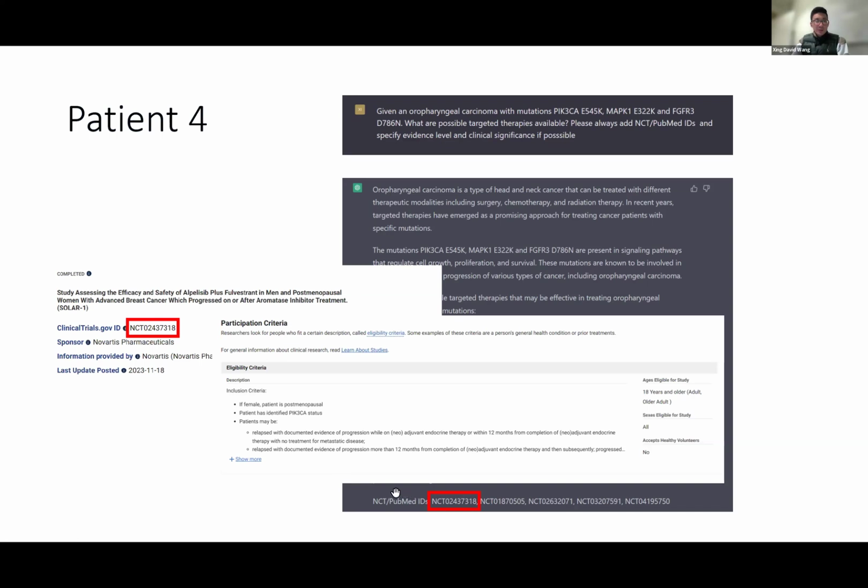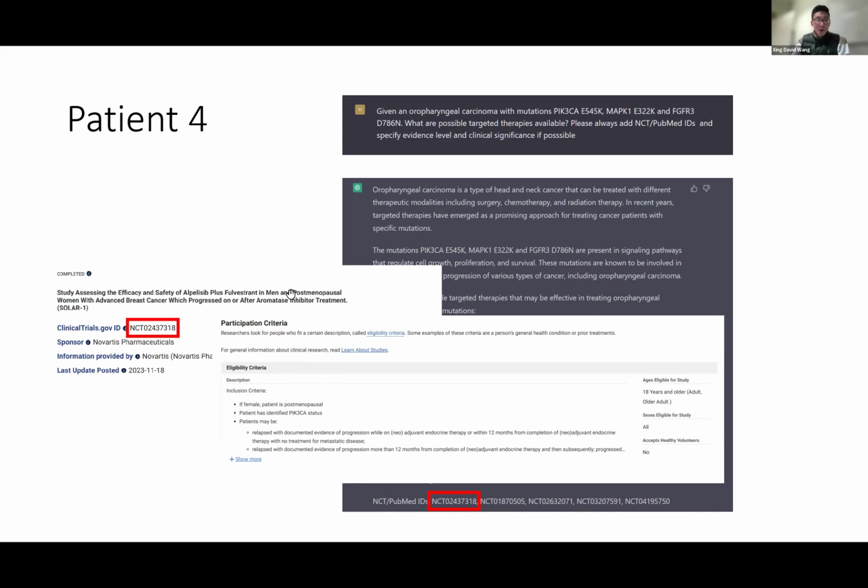And then we had a look, okay, does it actually make sense, what clinical trial ID ChatGPT has? Because as you know, ChatGPT at that time had no access to the internet. So it really needed to remember all the clinical trial IDs. And if we just look up this clinical trial ID, we see, okay, that's a study assessing the efficacy and safety of alpelisib plus fulvestrant.